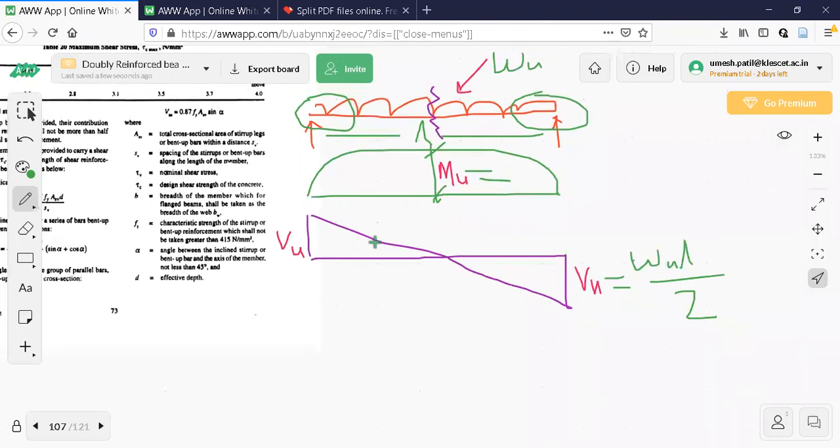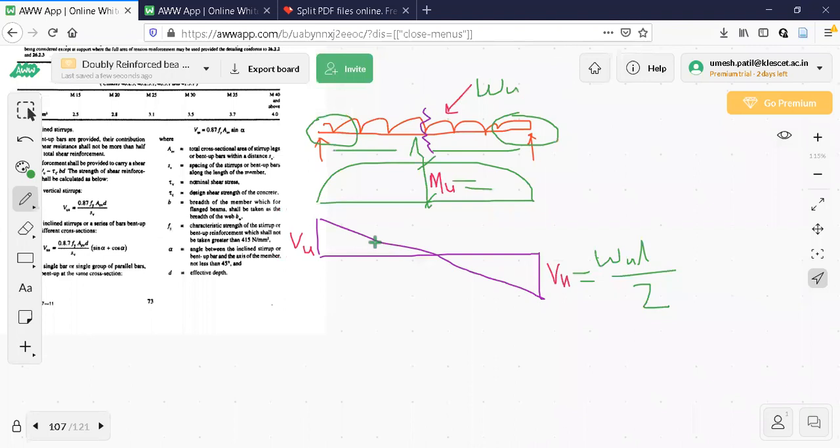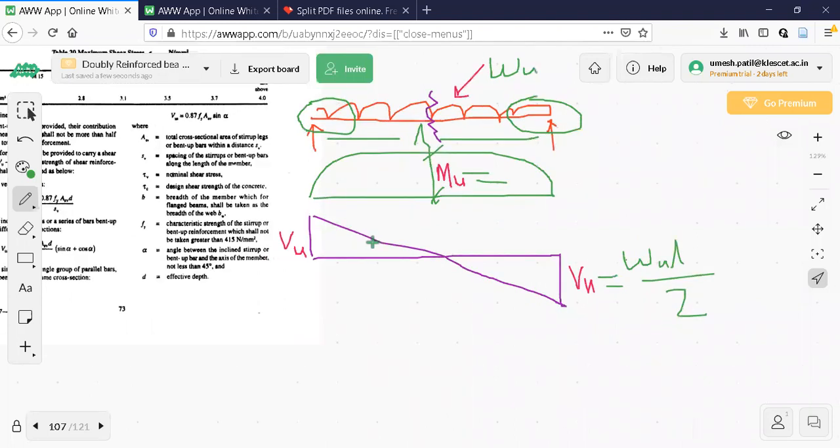Okay. So I need to check what is happening near the supports, because shear force is maximum near the support. I have to calculate the shear force. Whether the beam is capable of resisting this much shear force or not, I should check.